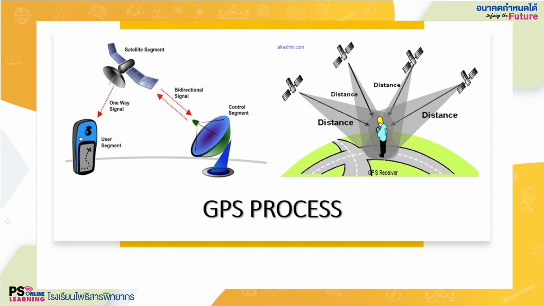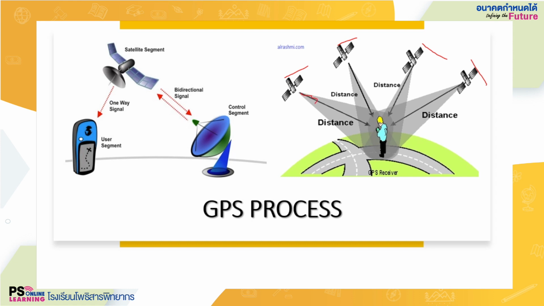So the signal from the satellite is sent to the ground station and sent back to the satellite and then sent to the receiver. And why are they doing it? Take a look at the picture on the right side. The picture on the right side shows that there are at least, in the picture, 1, 2, 3, 4 satellites, right?